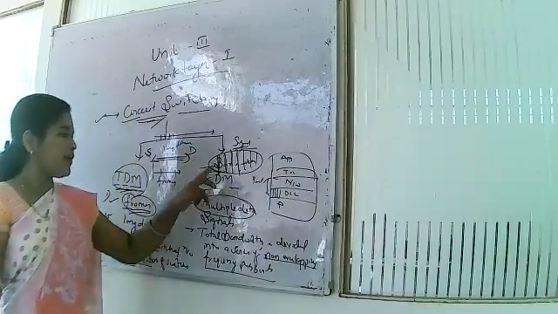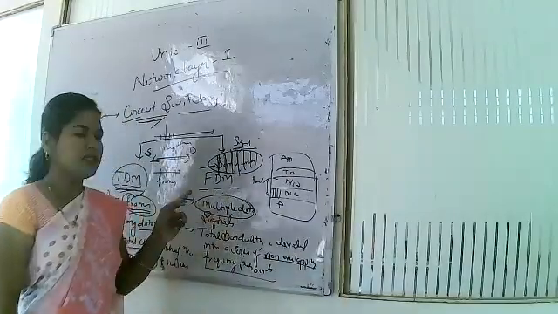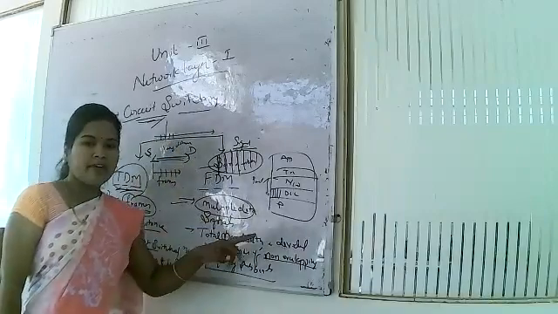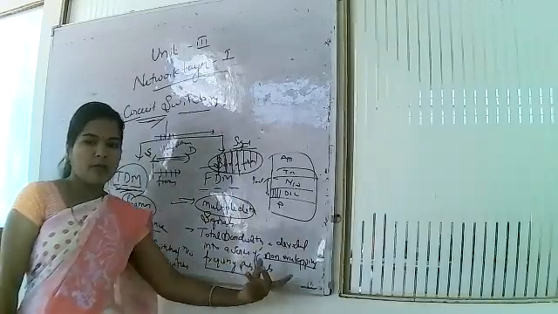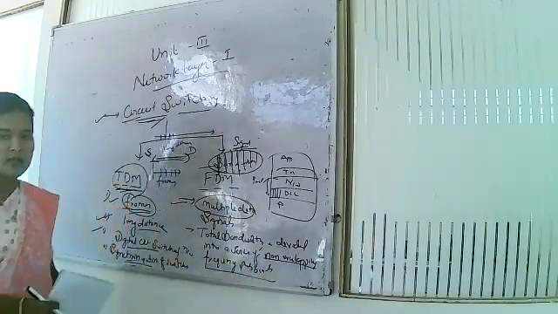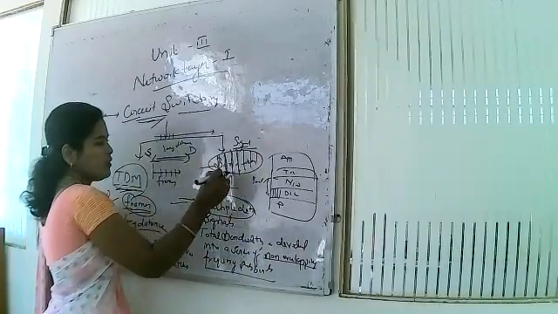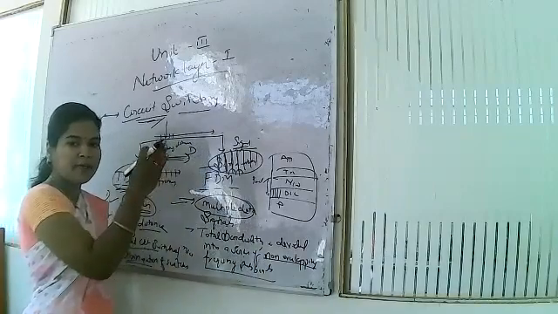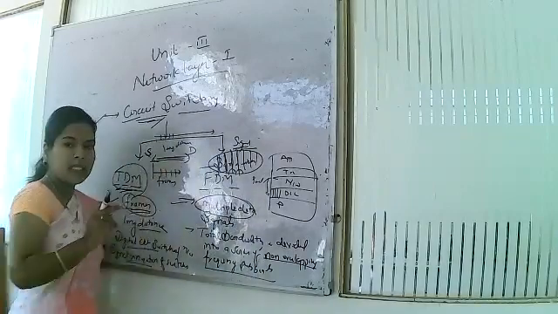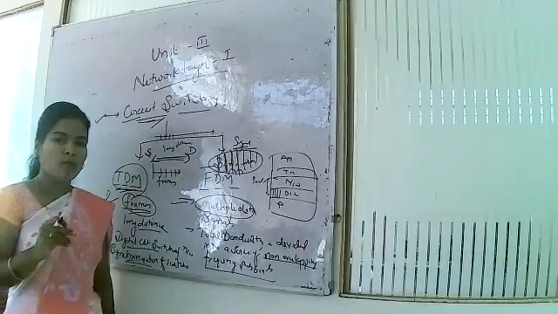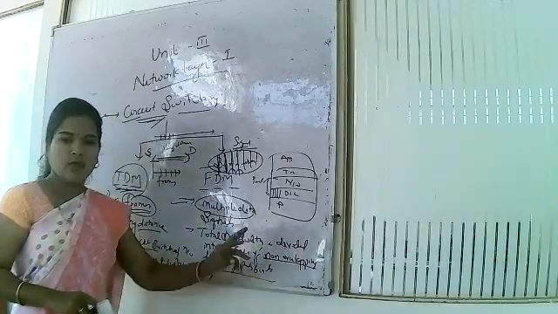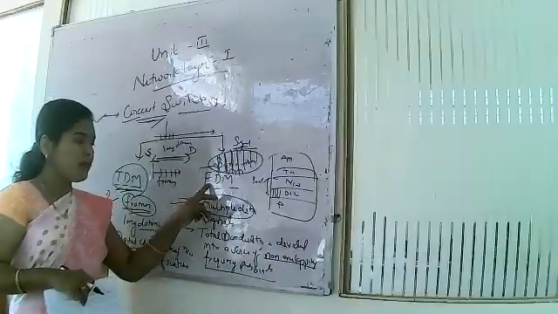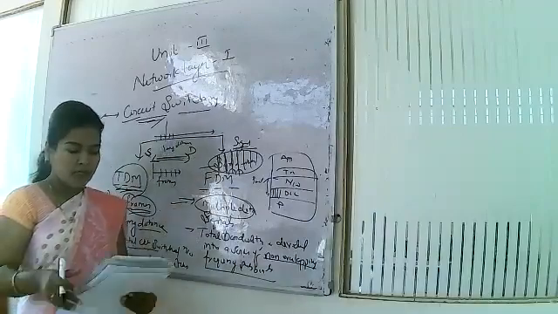Means the bandwidth I am dividing into subbands, and those subbands should not overlap one over the other. In that format, I am sending the data in frequency division multiplexing.